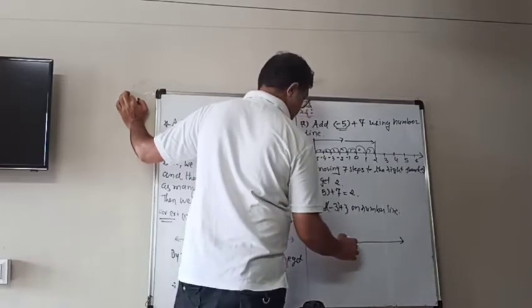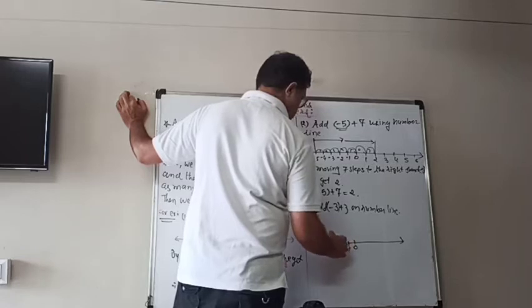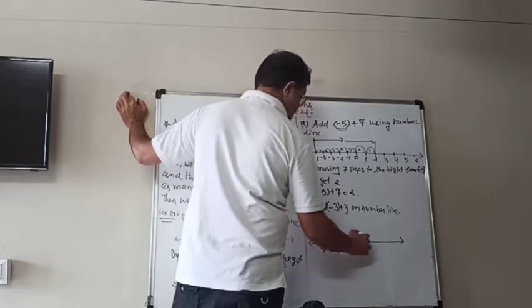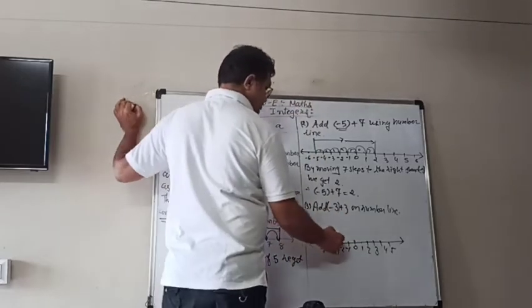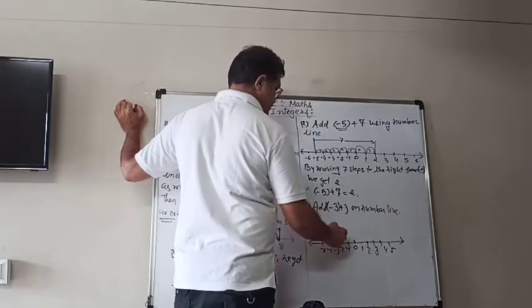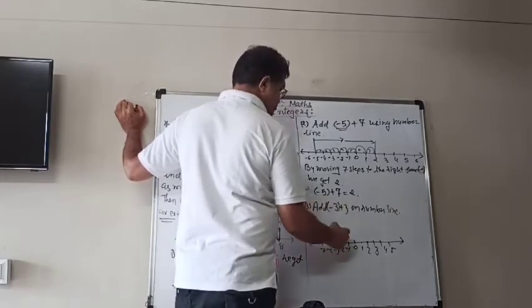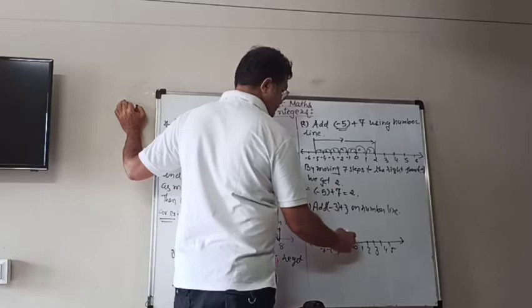Zero, -1, -2, -3, 1, 2, 3. We have to start from -3 and jump 3 steps. 1, 2 and 3. What did you get? 0.